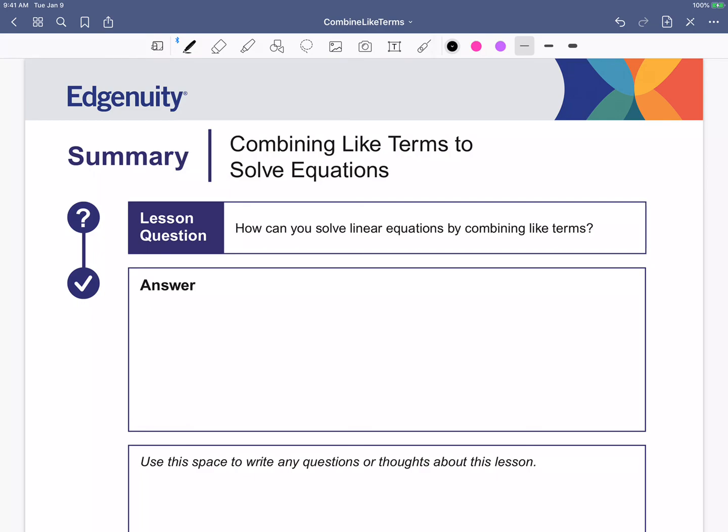So how can we use linear equations combining like terms?